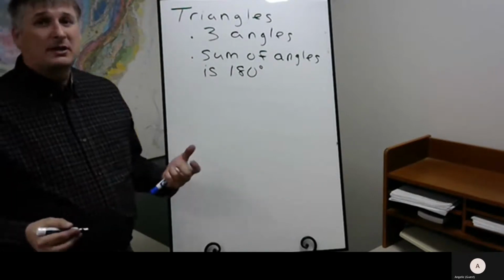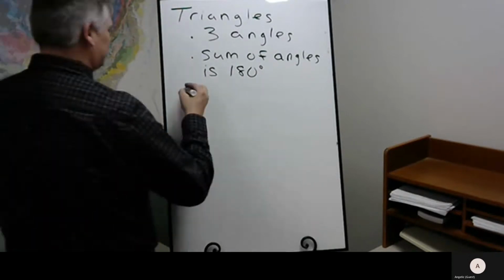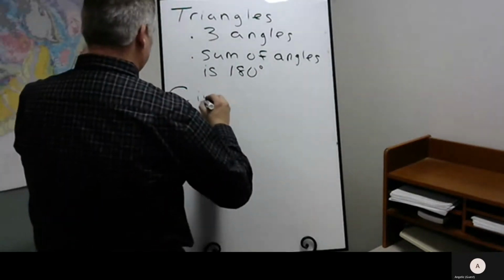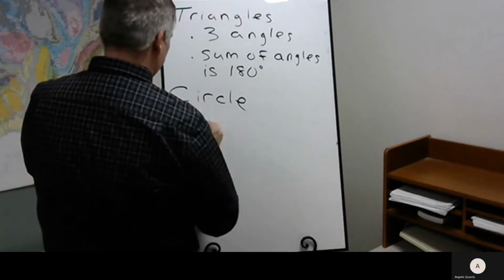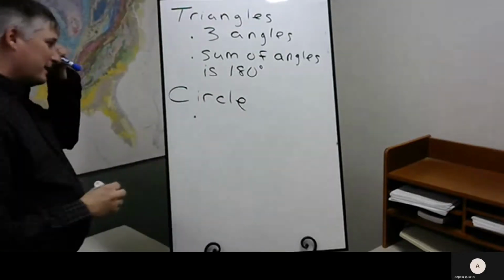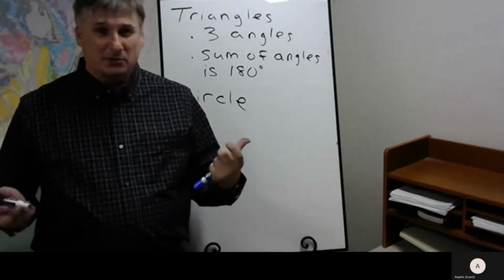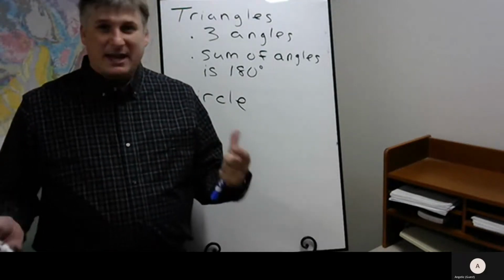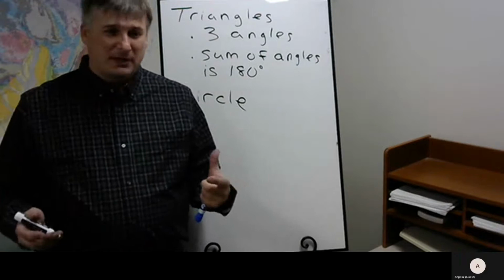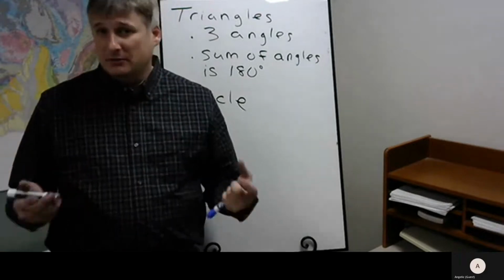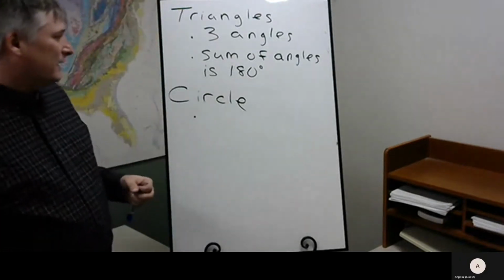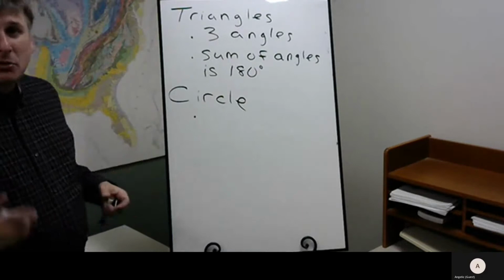The other shape is a circle. If you take a circle and you split it up into angles, the sum of all the angles inside of the circle, and this is a special kind of drawing, I'm going to show you what this looks like, these angles are going to add up to 360.